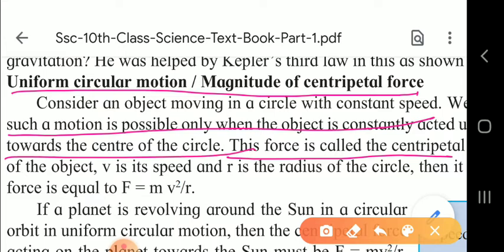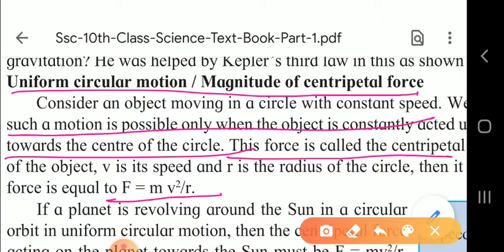Now, if m is the mass, v is the speed, r is the radius, then we can show it with the formula F is equal to mv square upon r. M, I already told, is mass, v is speed, and r is the radius.